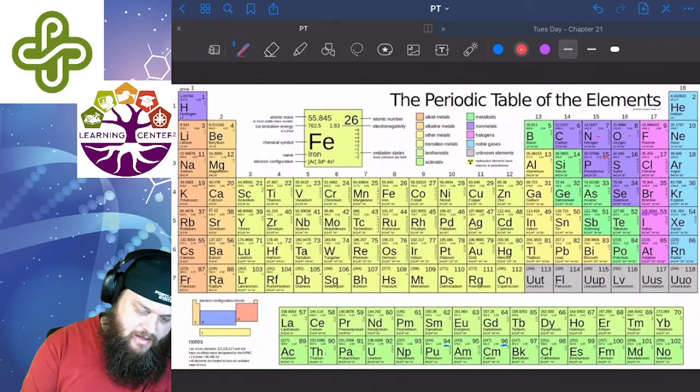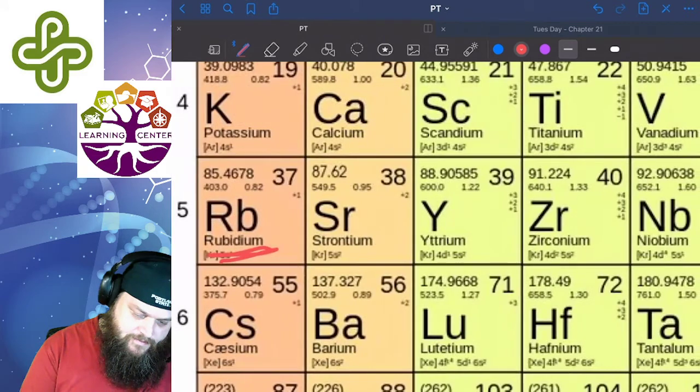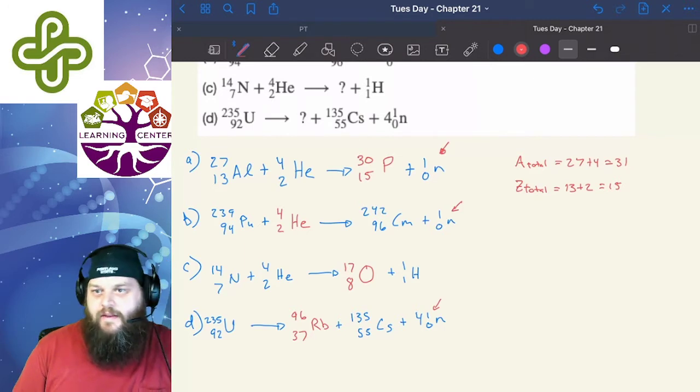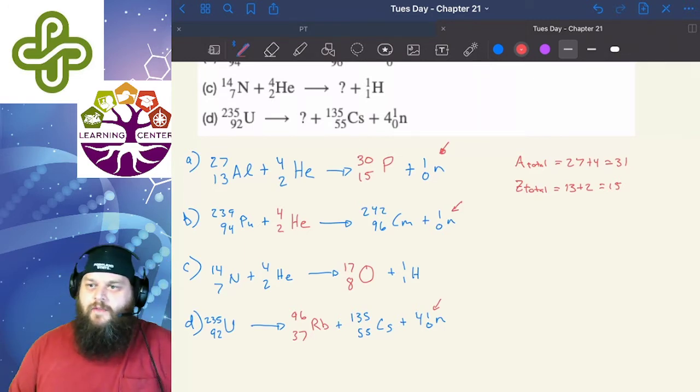So then looking for 37, there we are. Rubidium. It's 37. So I can fill that in there. So that's the basic idea of how we can see what's going to happen if we see what some of these are. Well, then the extra element must be, in this case, rubidium 96.